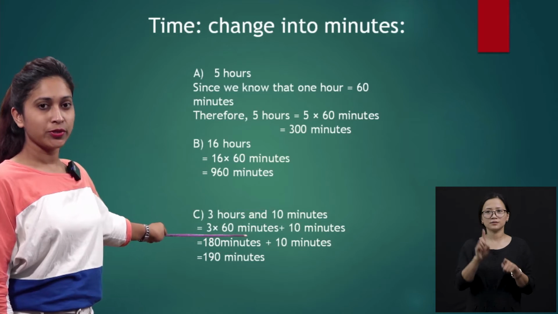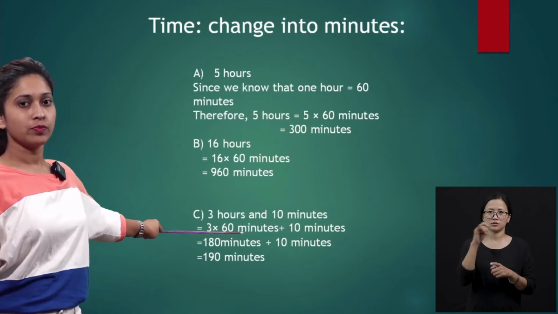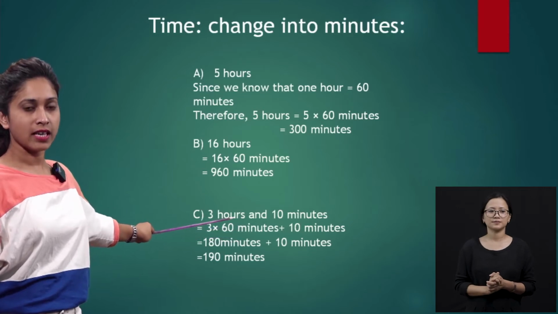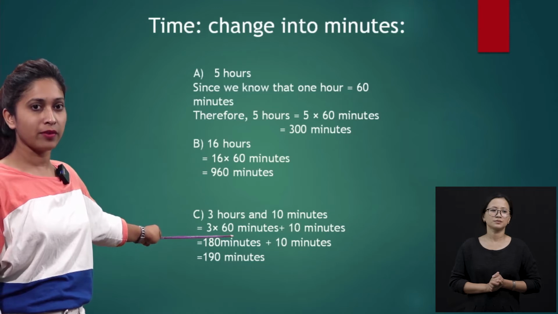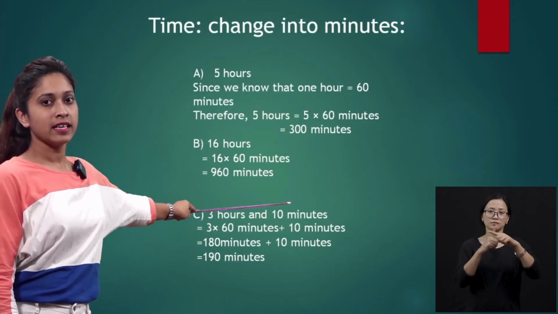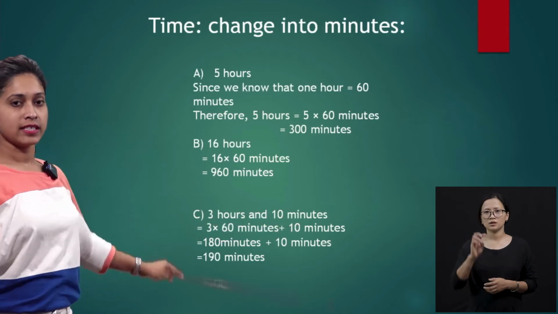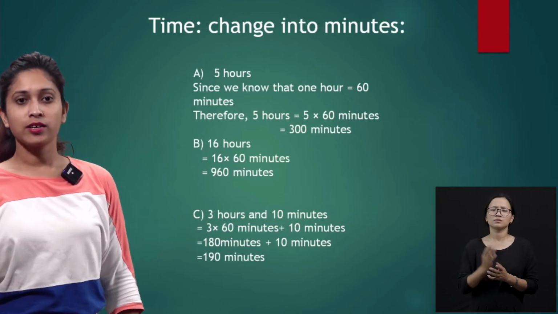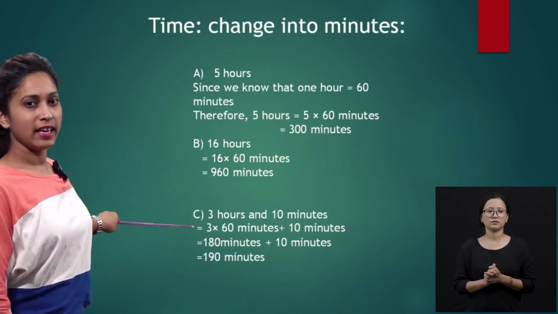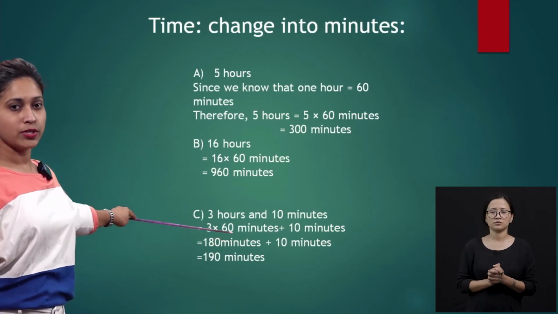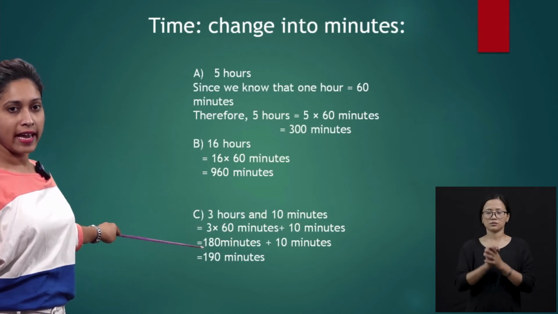How do you do this, children? See, 3 into 60 you need to multiply here. Since it is hours, you are converting it into minutes. That is why you multiply with 60, then plus 10 minutes. 3 into 60: 3 into 0 is 0, then 3 into 6 is 18.